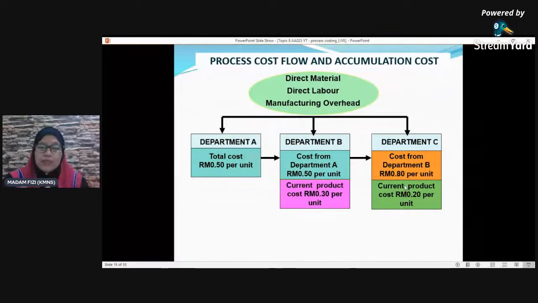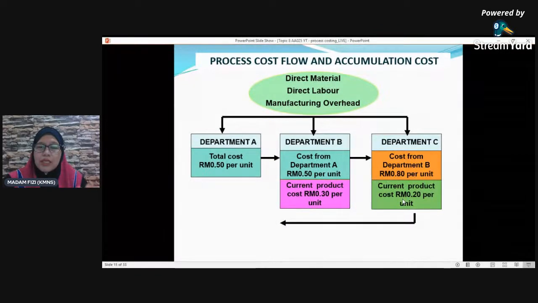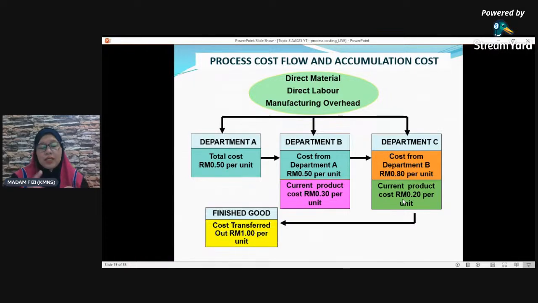Lama-lama cost dia makin banyak lah ya, according to the department. Okay, katakan department C is the last department, so total cost sekarang adalah RM1. And then dia akan transfer to finished goods and the finished goods total to RM1 per unit.